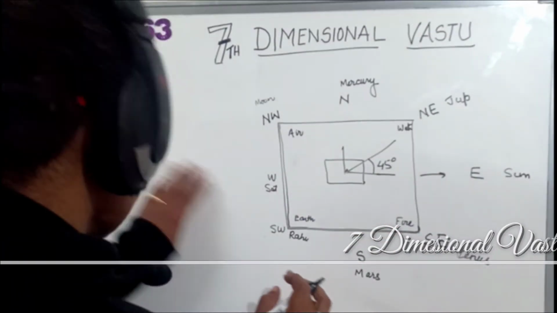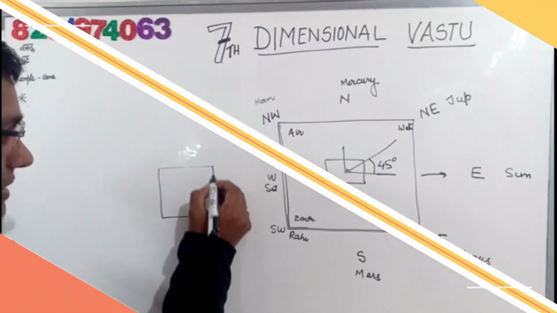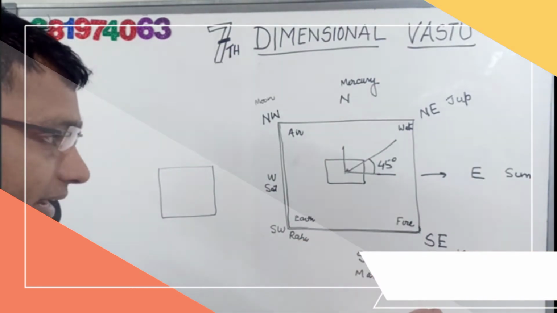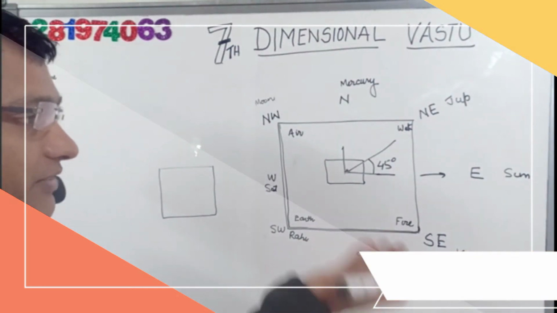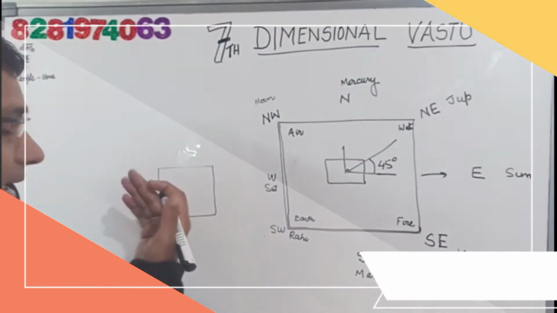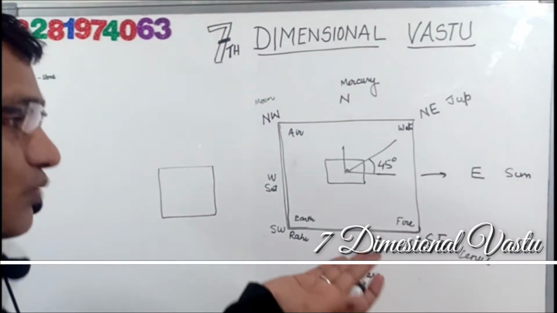Level gauging means you should make the surface flat. Flat means when you are putting your compass or mobile or a device which can find out the direction, this surface should be exactly horizontal. There should not be any slope in any direction.